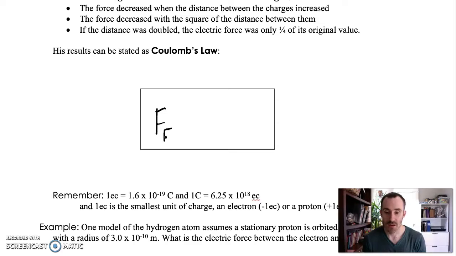Fe equals KQ1Q2 over R squared. Okay, and Q1 and Q2, those are the charges that are interacting with one another.